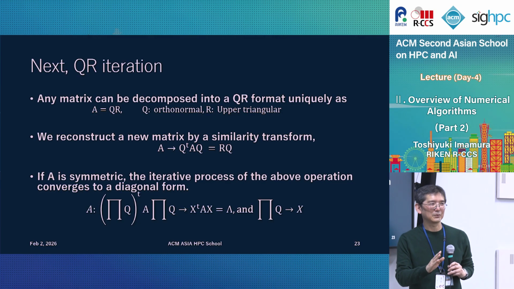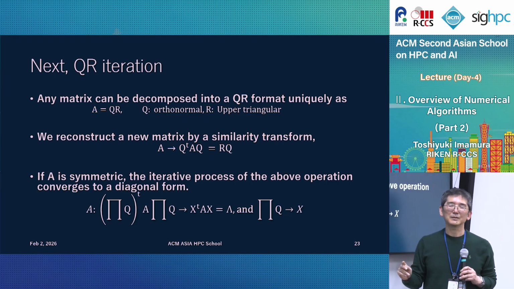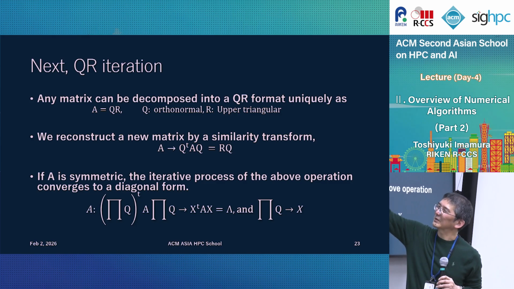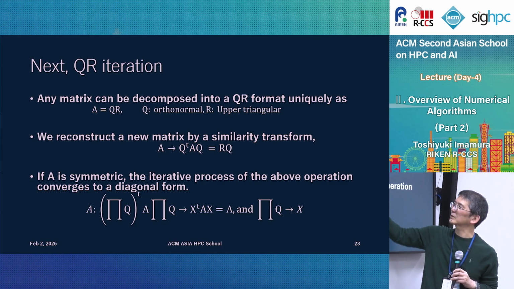It's quite difficult to explain why it converges, but you can check the textbook. If A is a symmetric matrix, this iterative process converges to the diagonal.